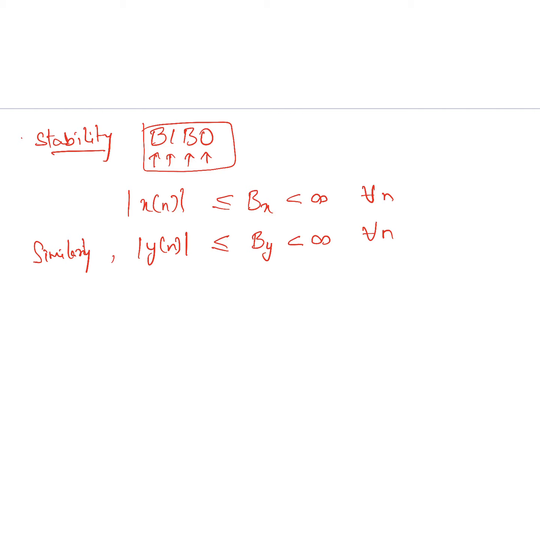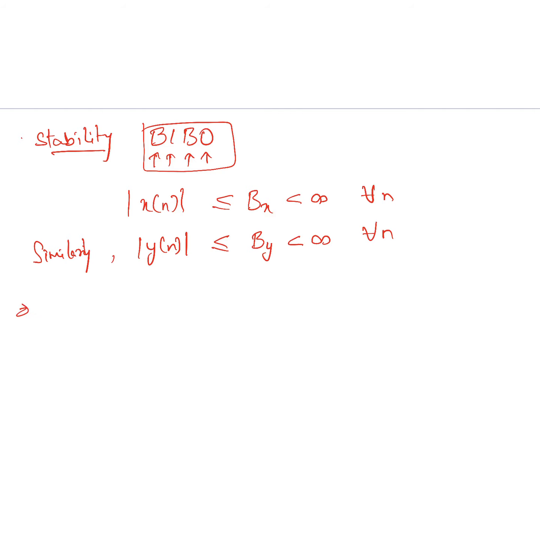Meaning to say, given any system, if you can find just one input which is bounded but the output is not bounded, in that case the system is not a stable system.